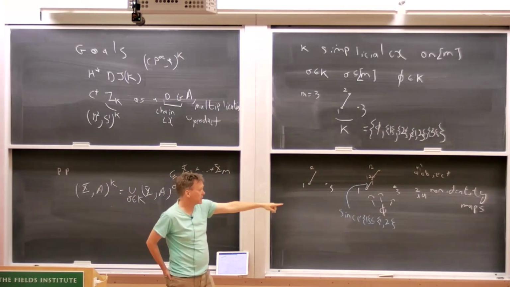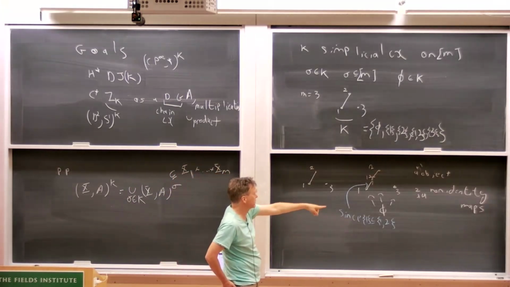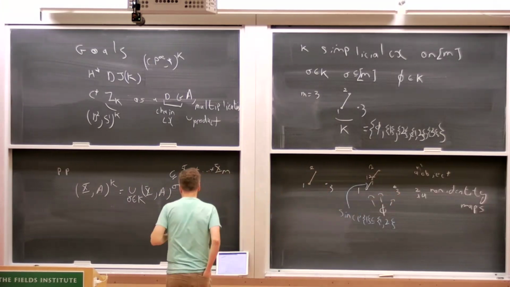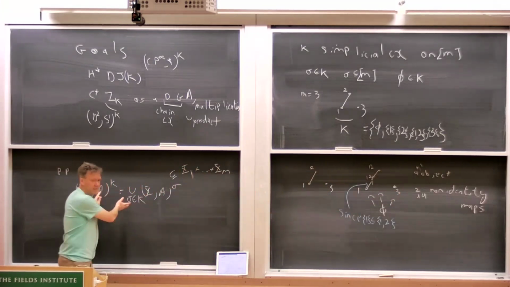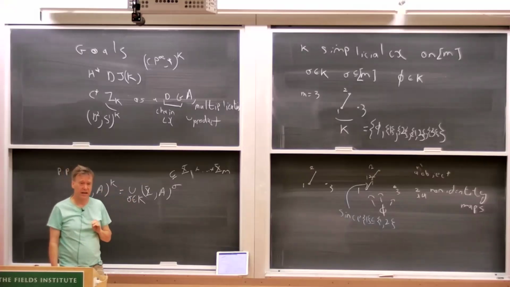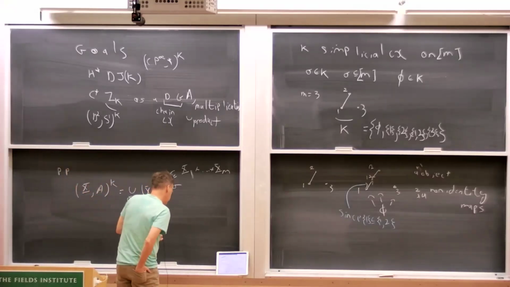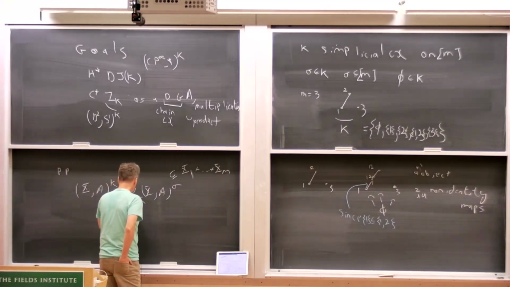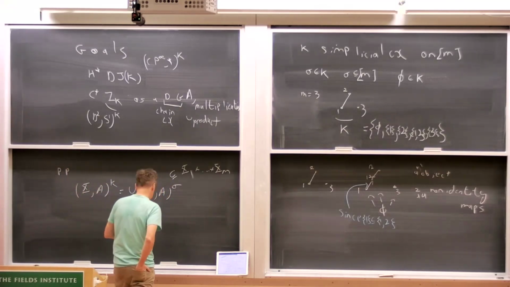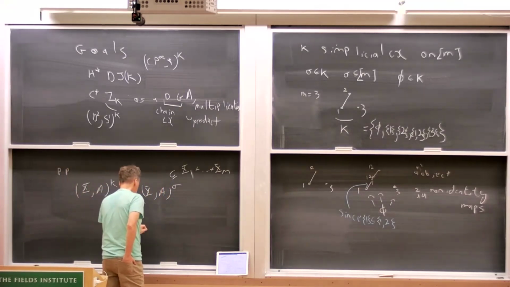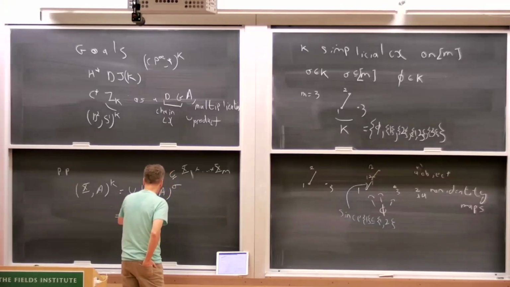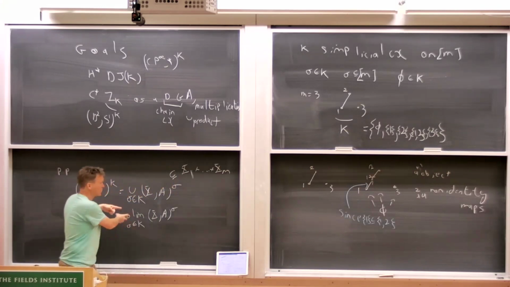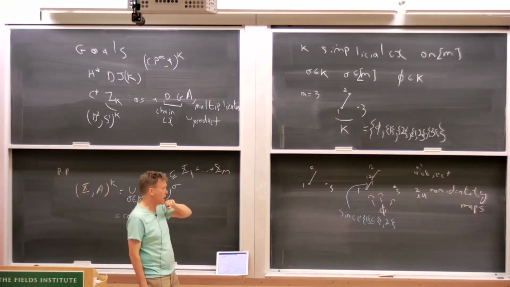It's a subthing of the product of the X's, and the A's, of course, it's a pair of spaces, so A_i sits inside of X_i as a pair of spaces. So this is the definition that Martin gave in the last lecture. But it turns out that this is equal to the colimit over sigma an element of K of (X, A)^sigma. So you can consider it really as the colimit of the functor that I described there, instead of as the union.